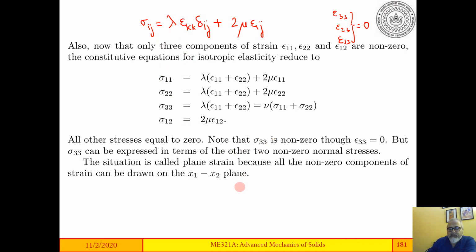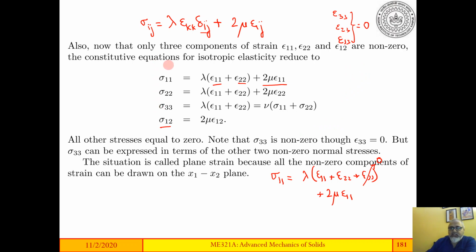When you write sigma 11, for example, you have lambda epsilon kk, plus 2 mu epsilon 11, out of which this is going to be 0. So you will have lambda times epsilon 11 plus epsilon 22, and 2 mu epsilon 11. Similarly for sigma 22. For sigma 12, you have delta ij equal to 0, so you have 2 mu epsilon 12. The equations, as I said, for sigma 13 and sigma 23 are identically equal to 0. We don't need to consider them.